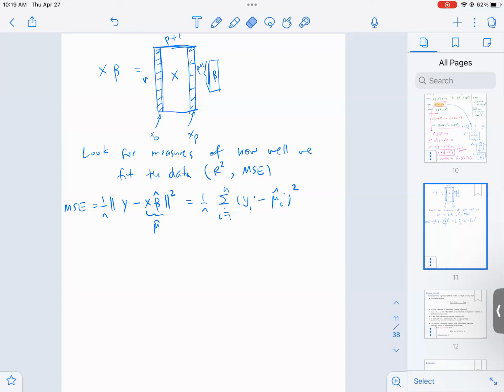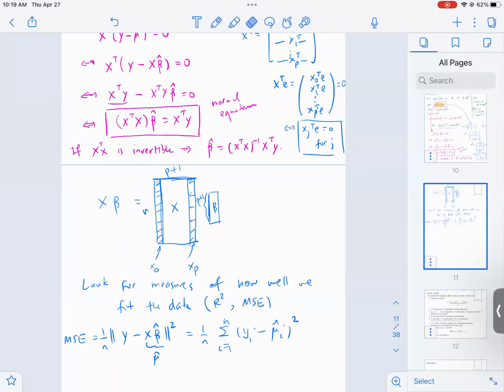What statisticians care about is variance, or uncertainty, which is the better term. They care about the uncertainty of this estimate. It takes a while to understand what it means. Let's say I want to quantify the uncertainty in beta hat.